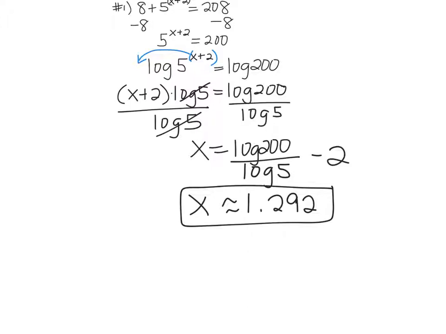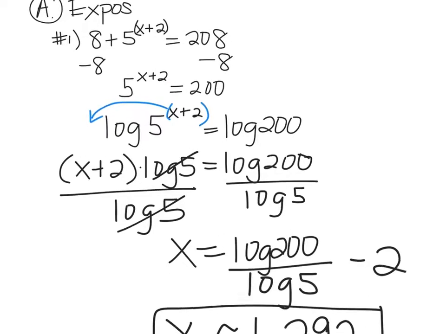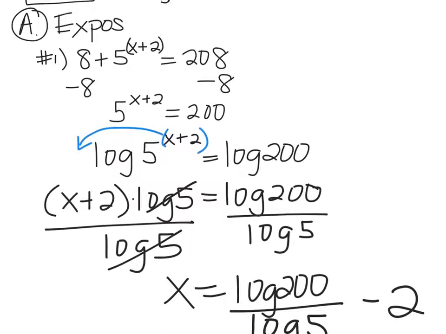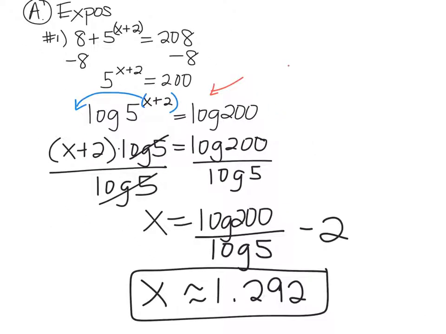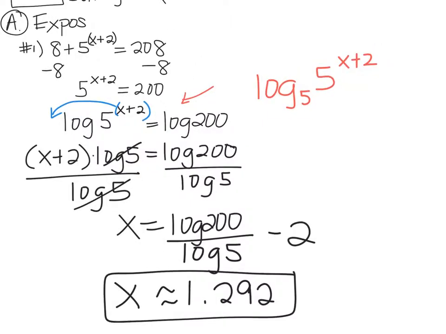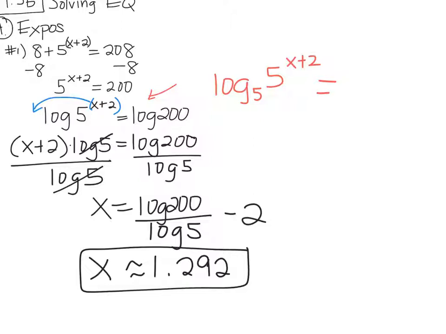Okay, so the way that some people like to solve this, at this point right here, they would rather take the log base 5 of both sides. So when you do log base 5 of 5 to the x plus 2, and then you do log base 5 of 200, when you bring that x plus 2 down, what is log base 5 of 5?